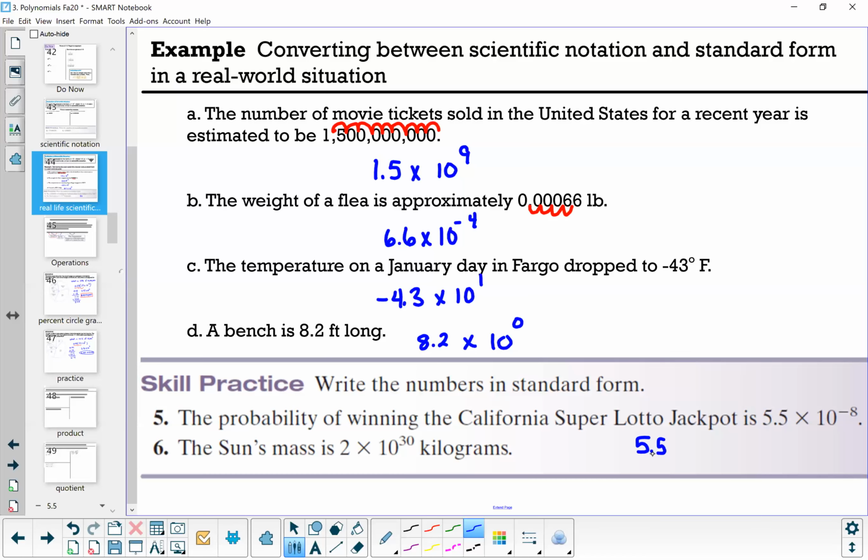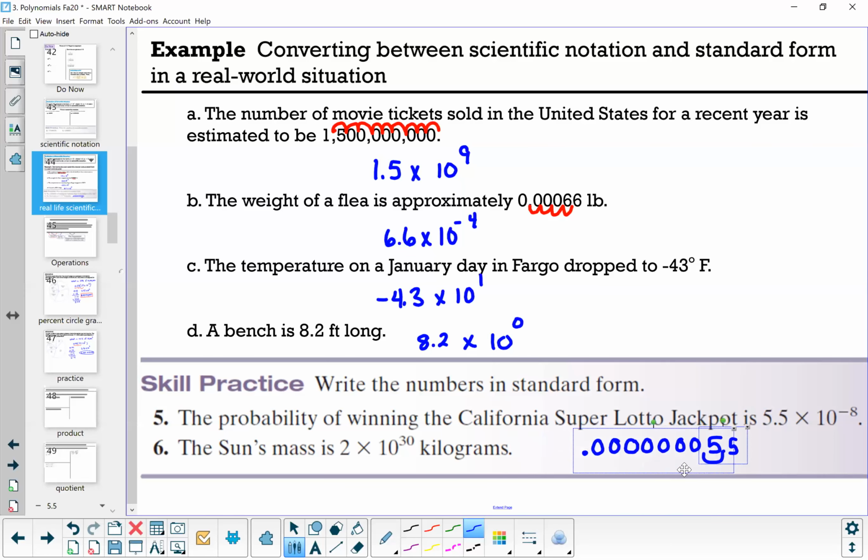That means our decimal point is going to go to the left 8 spaces. So there will be 1, and then we add a 0 for 2, 3, 4, 5, 6, 7, 8, and then you put a decimal point.